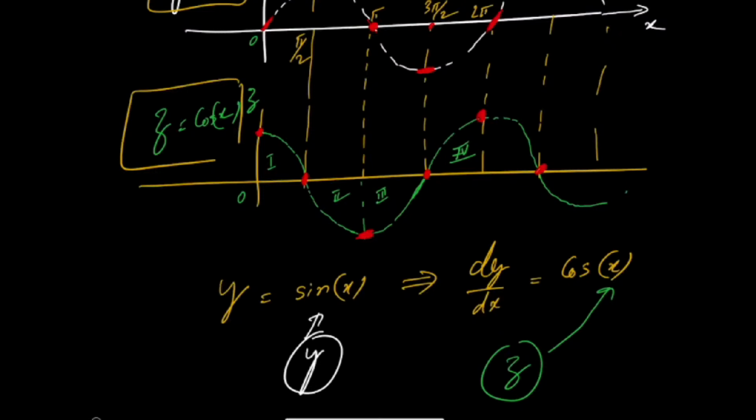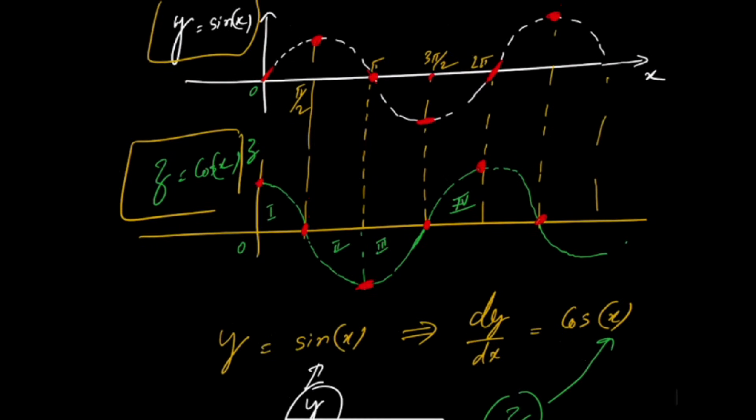Therefore, the value of z is equal to the slope of y. So in this graph there are two graphs, the white graph and the green graph. The slope of the white graph will correspond to the value of the green graph. Wherever the slope of the white graph is 0, the value of the green graph will be 0. Clear?